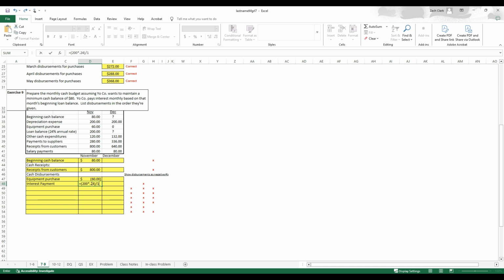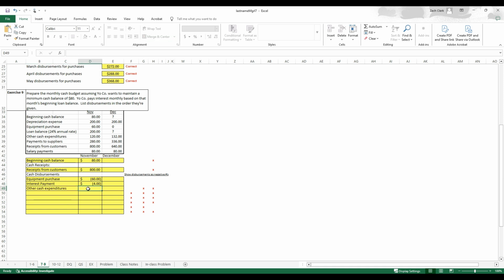And then we divide that by 12. It's got to be negative to get us an amount of interest that we're going to owe on this loan balance. So the loan balance isn't like a cash outflow. It would be a cash inflow when we borrowed that money, but we have to pay interest back to the bank each month. And so we base our interest payment on what that loan balance outstanding is.